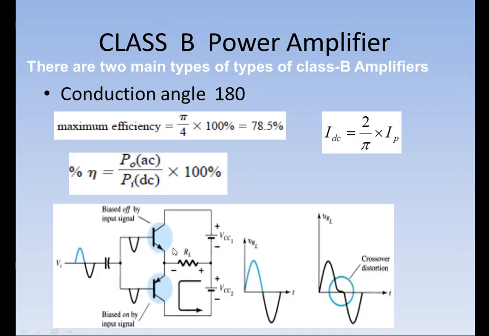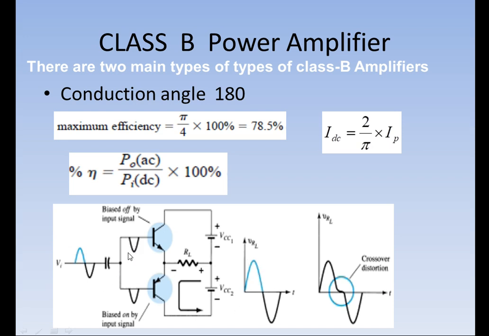Similarly, in class B there is no biasing, so whenever the input comes, only then does it act as biasing. Biasing is provided by the input signal, so it conducts only for the half cycle.